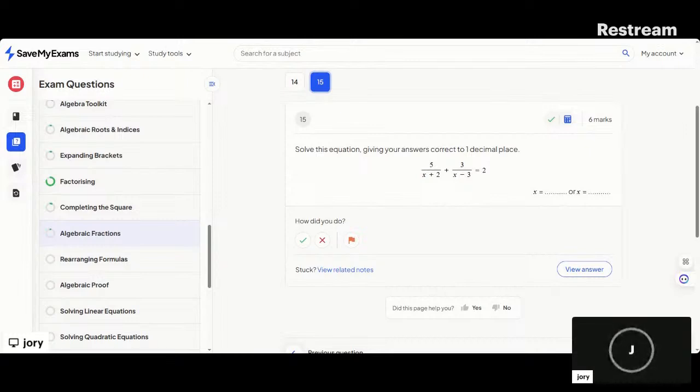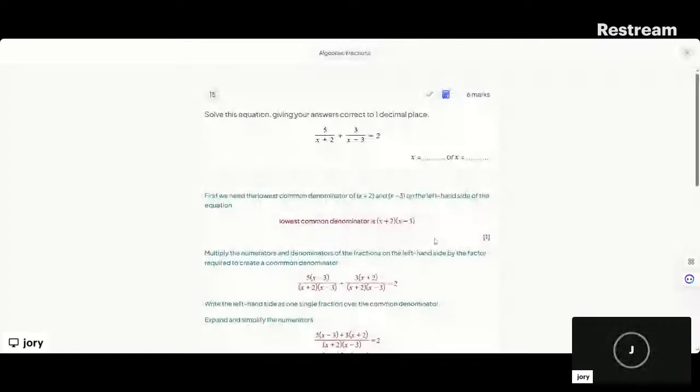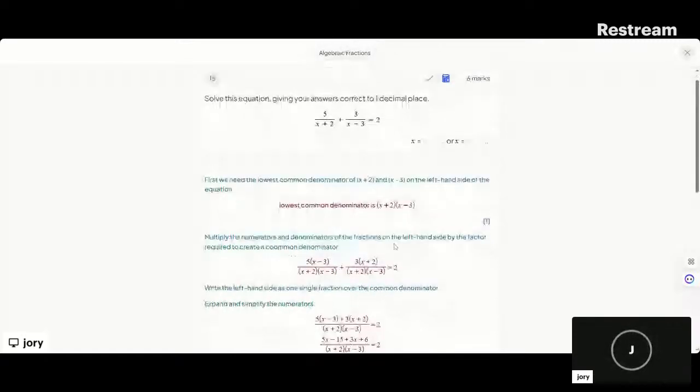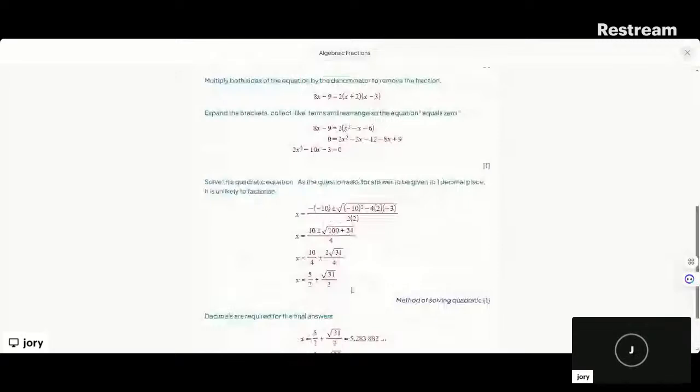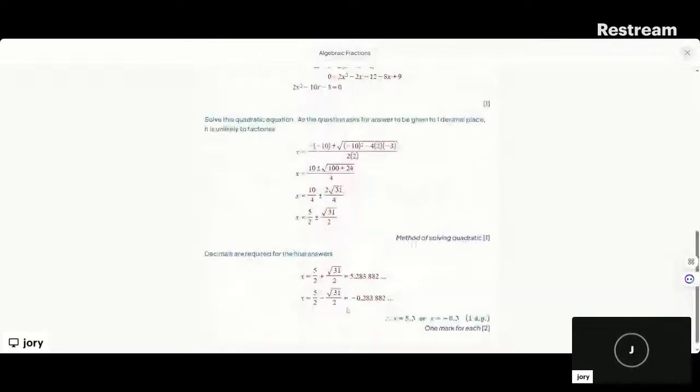Okay, so it's 5.3 and minus 0.3. And then just write the formula, I guess. I'm using the formula. Yay!